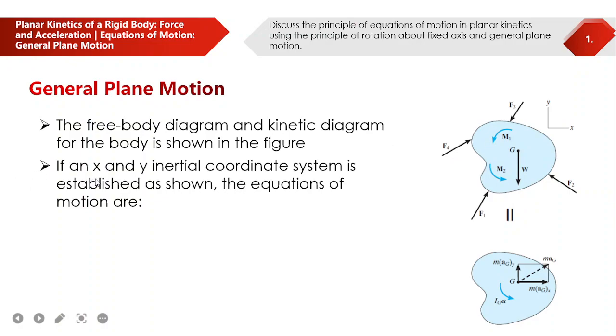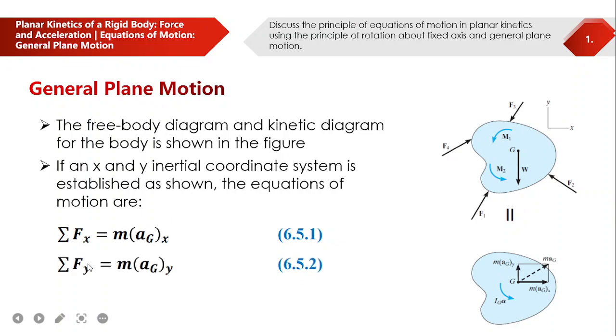So, if an x and y inertial coordinate system is established as shown, the equations of motion are these. Okay, so we have all forces along x, that will be mass times a sub g sub x. Diba? Again, all of the forces along x will be equal to the equation of motion when we are dealing with translation.